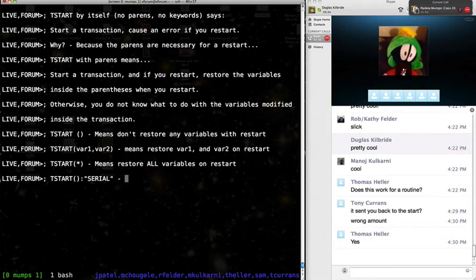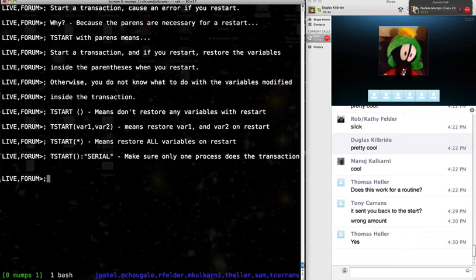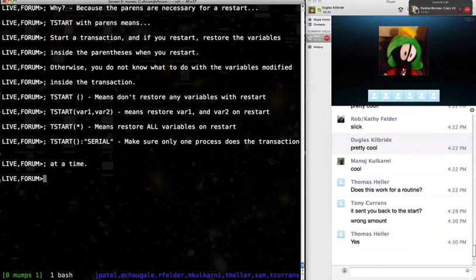So what this means is make sure only one process does the transaction at a time. So essentially, you always have the problems when people are trying to access the records all together and who gets it first.